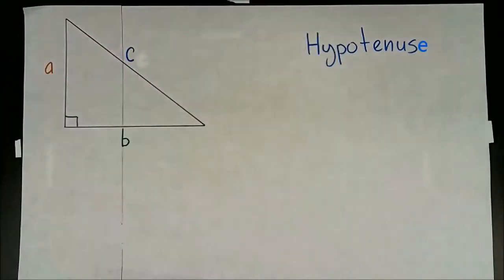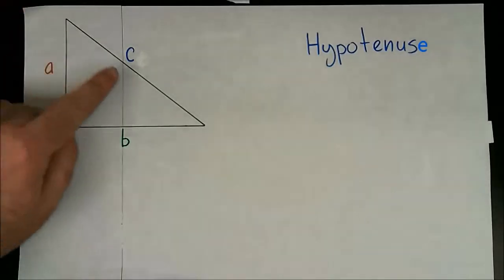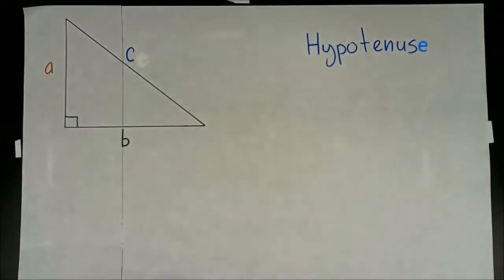It's a term, I think it's a Greek term, that simply defines the longest side of a right triangle. They all have three sides because, you know, triangles have three sides, technically three angles, and each angle has a side. So the longest side, which corresponds to the biggest angle, is called the hypotenuse.